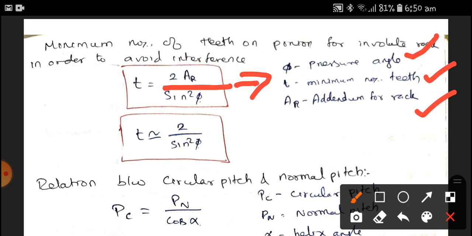For the normal gear, we can say T is approximately equal to 2 divided by sine square phi. That is, if we have a pressure angle of 20 degrees, then the minimum number of teeth should be 18. If we substitute 20 for phi, the number of teeth T is approximately 17 point something. Therefore, for the round off value, we take it as 18.